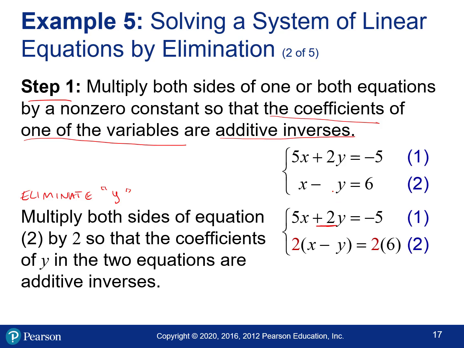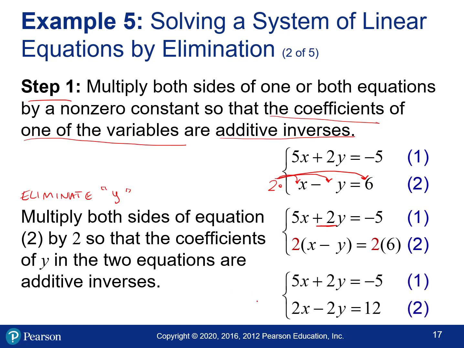So if our y in our second equation can have a negative 2, then we can eliminate the y's by adding the equations. So we're going to multiply the second equation by 2. We're multiplying this whole second equation by 2. Every part of this equation is going to get multiplied by 2, so we're distributing that. And then this is our new version of equation 2.